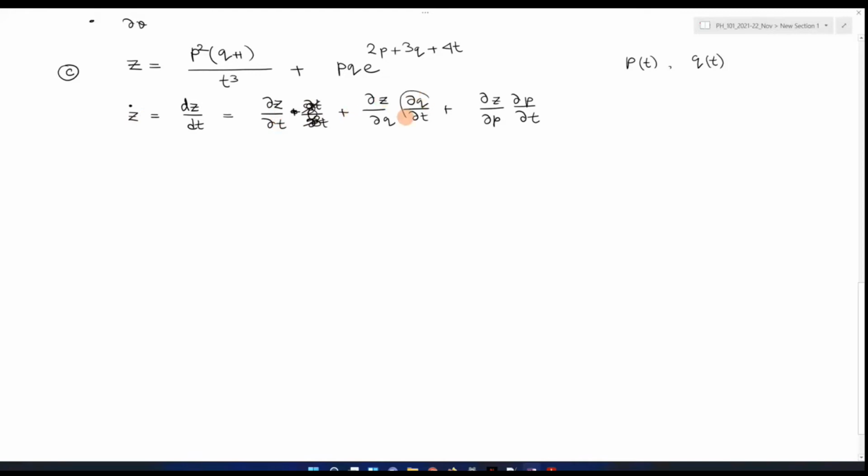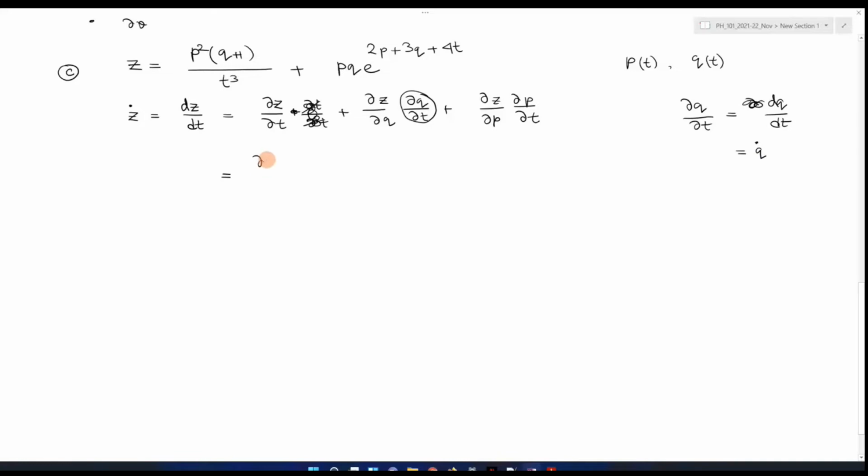Now q is only a function of time. It's given in the question. So you can also write it as dq by dt, because q is only a function of time. That's why you can simply replace that factor with q dot.